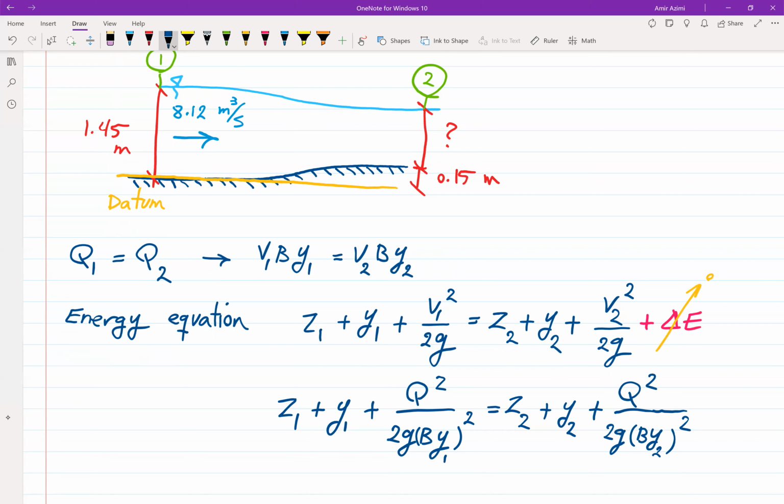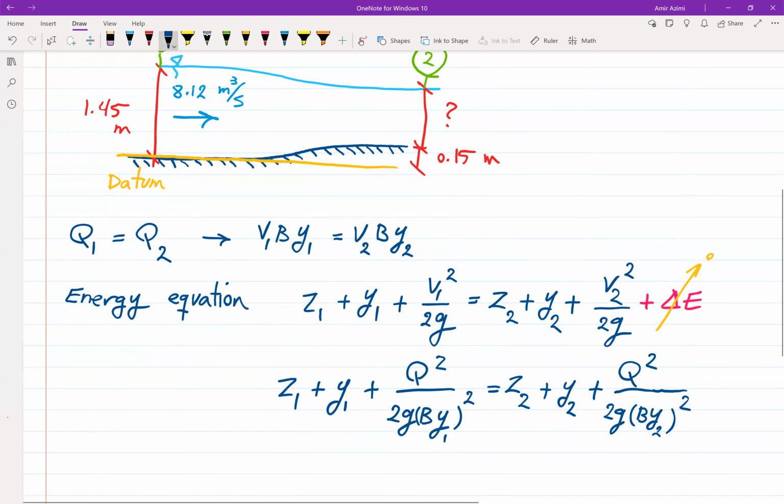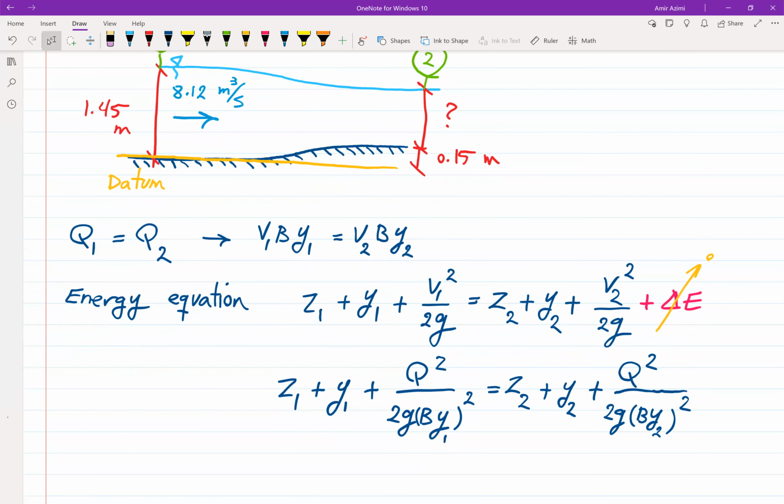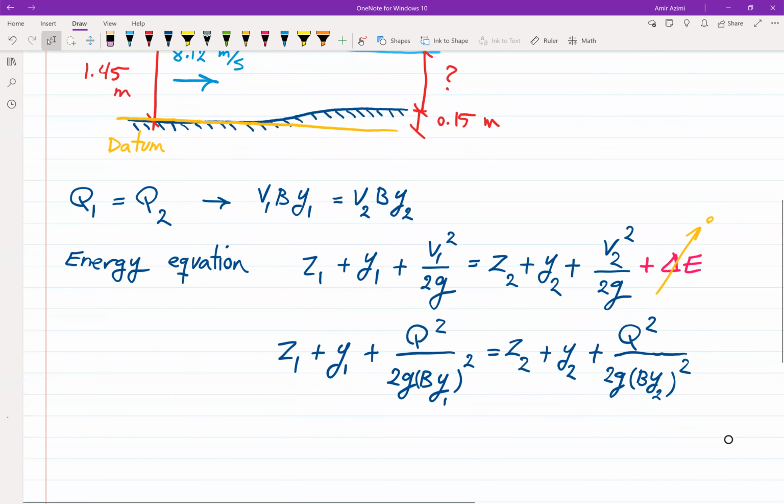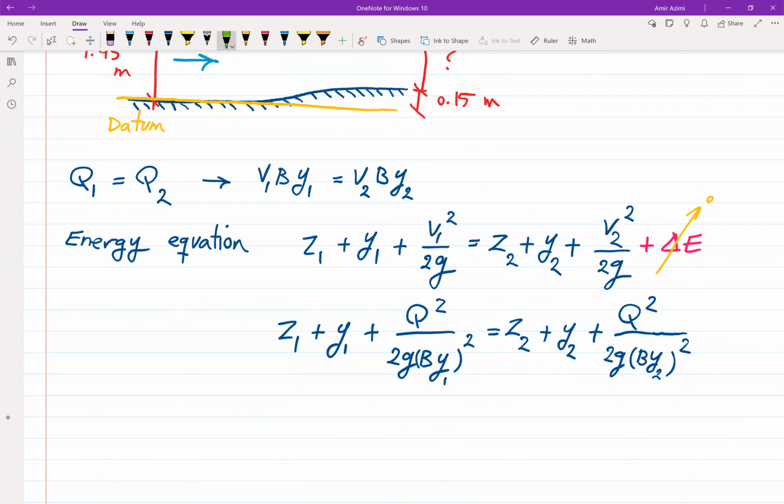Okay, so in energy equation, Z1 and Z2 are known. Z1 is 0 and Z2 is 0.15 meter. Y1 is given, Q is given, B is given, so the only unknown is y2. So I have one equation, one unknown. So I'm going to replace the values.